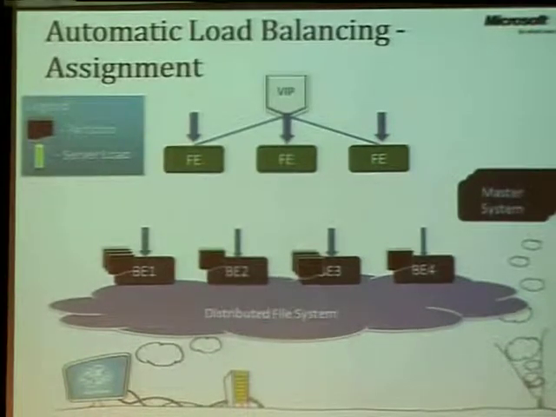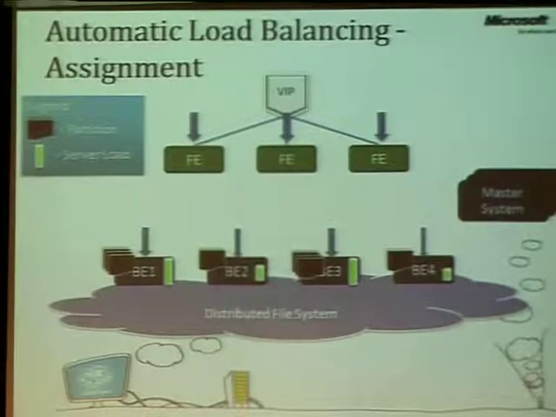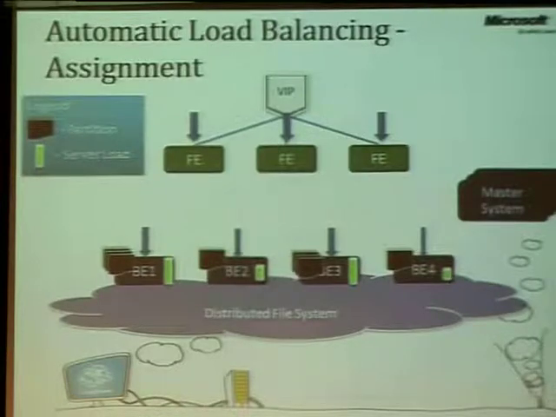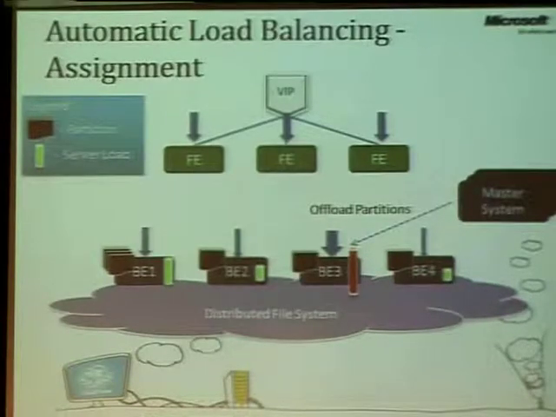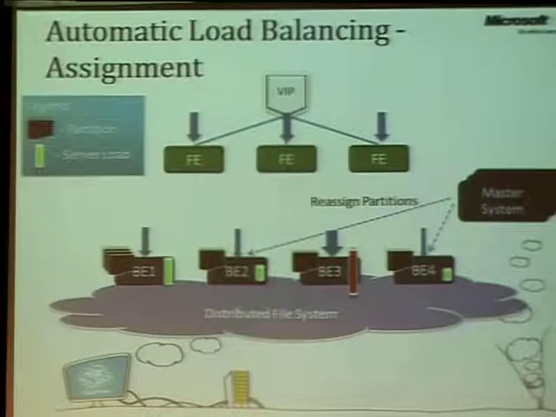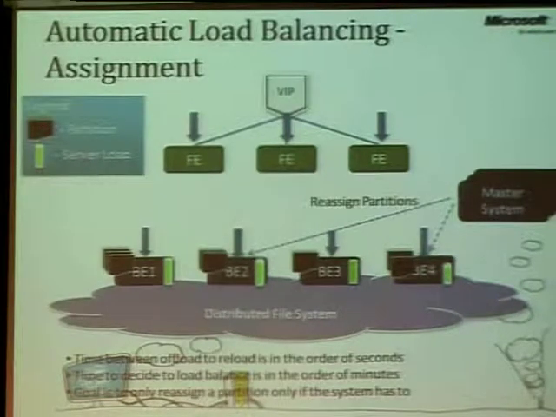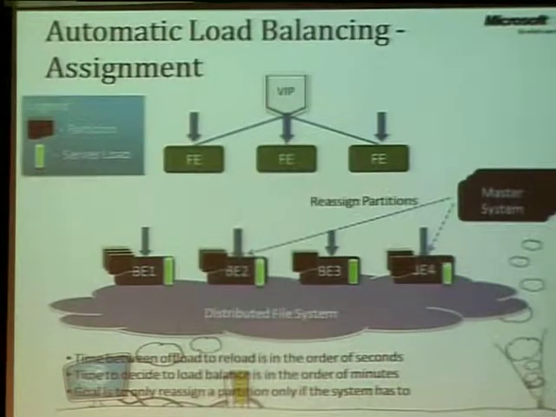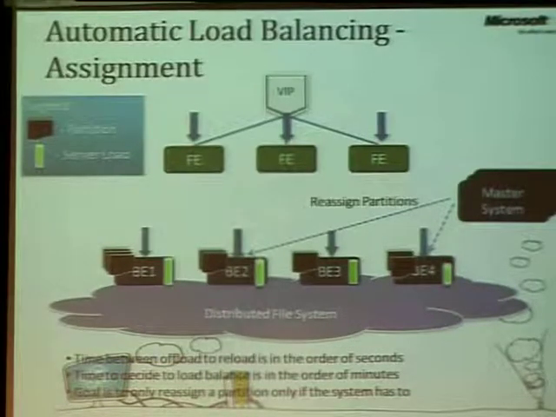Then if one of the servers is highly loaded, it automatically reloads to the other server, whichever server is less loaded. If you look at the sequence here, if the peak is on the order of seconds, you can offload the data. If the peak is more than 1 minute, it starts to reload the data into different servers. So there's no need to worry, it's all done automatically for you.